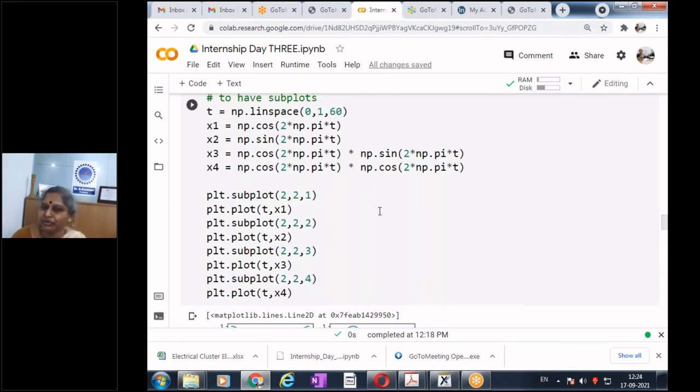Suppose I want each of them in a different location. Please try the command plt.subplot 2, 2, with each one distinguished by 1, 2, 3, 4. I want someone to explain what is happening in this command.